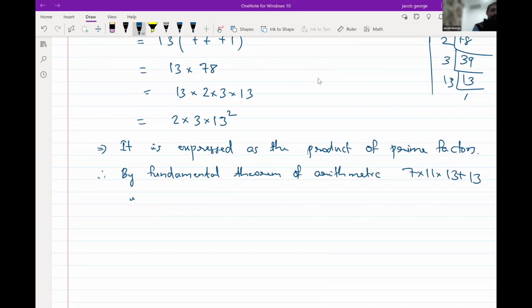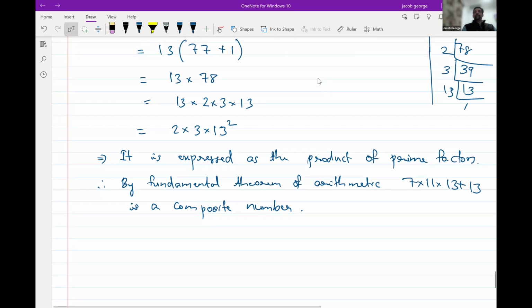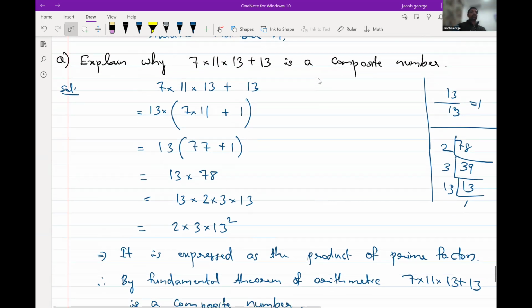Is a composite number. 7 into 11 into 13 plus 13 is a composite number. Yes, please write this one.